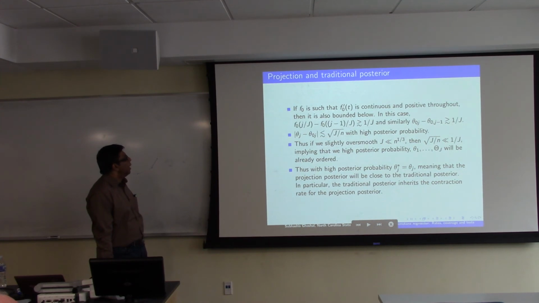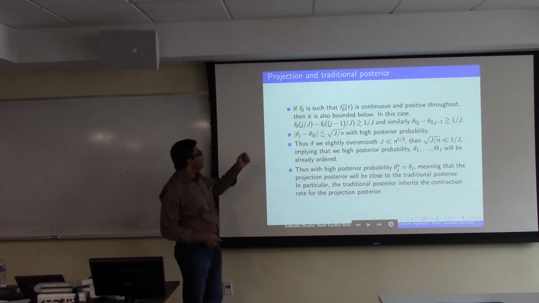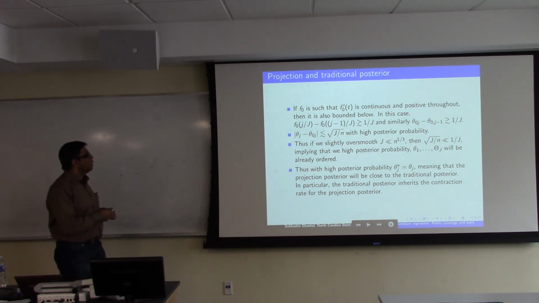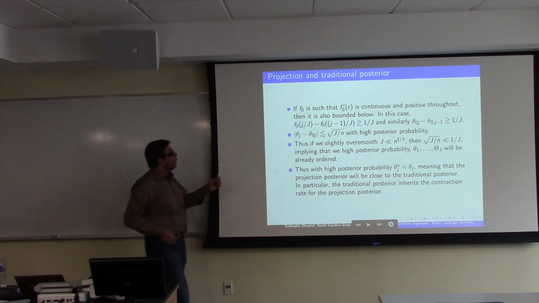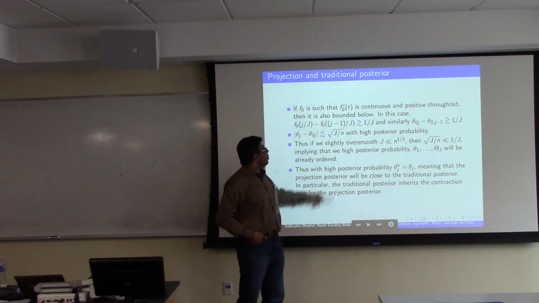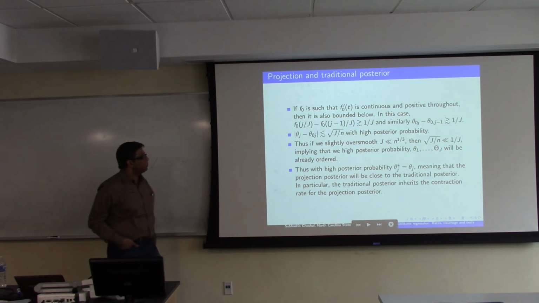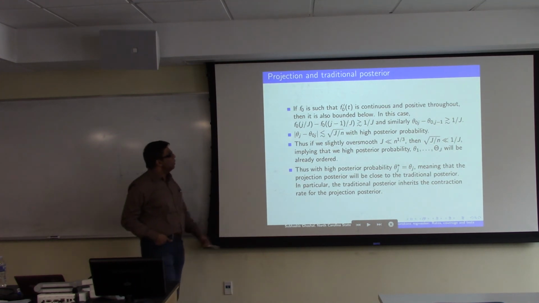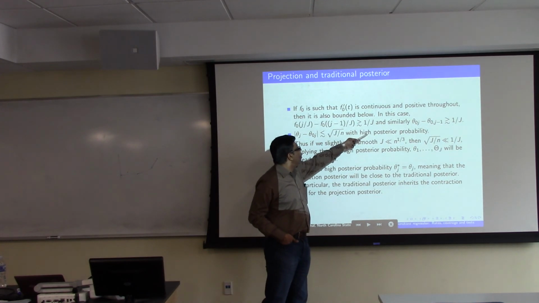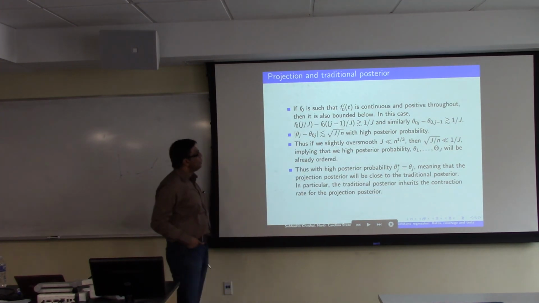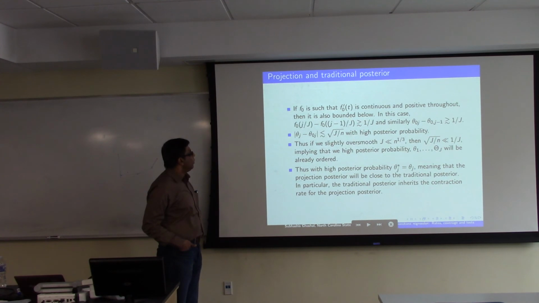This is an admittedly a little strong condition: if the true function has a positive and continuous derivative throughout, then because it's a compact interval, the derivative is also bounded below, and in that case you can lower bound the increments. They are of the order 1 over J.